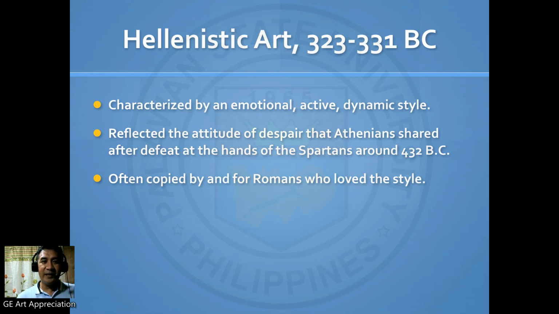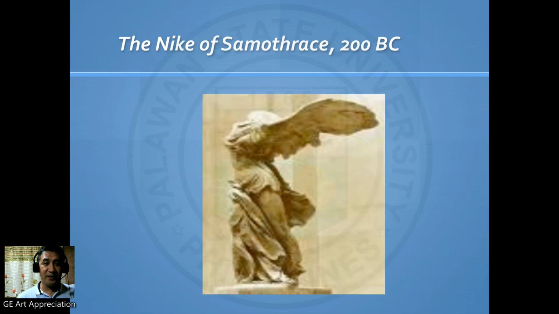We have the Hellenistic art, 323 to 331 BC, and it is characterized by an emotional, active, and dynamic style. It also reflected the attitude of despair that Athenians shared after the defeat at the hands of the Spartans around 432 BC. So during this time they were defeated by the Spartans.